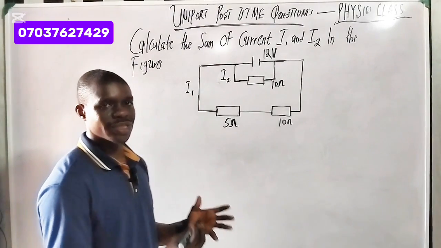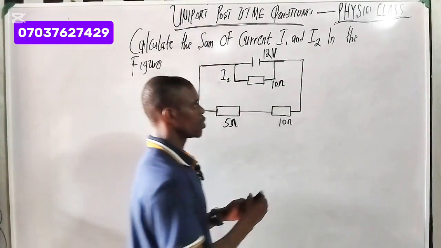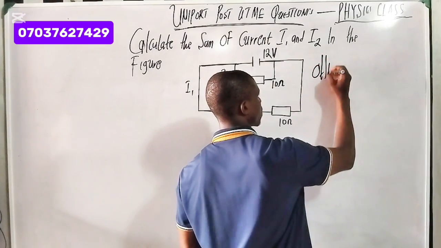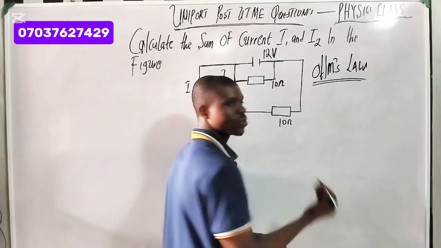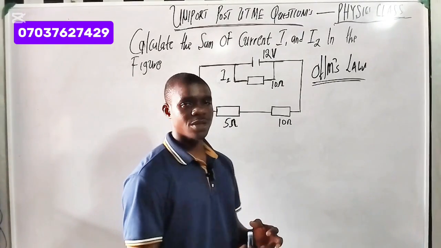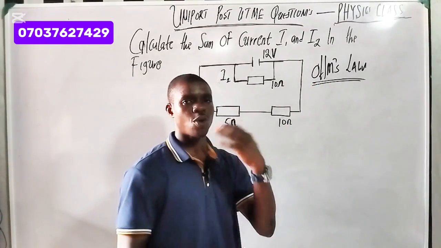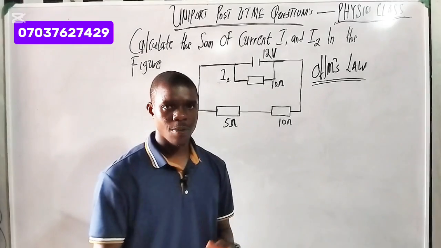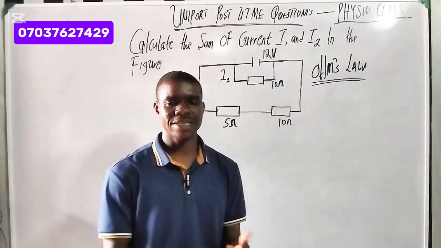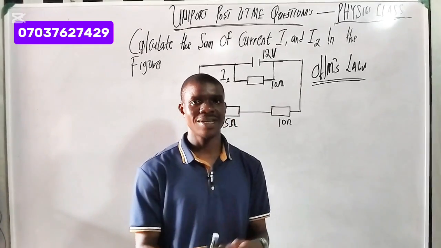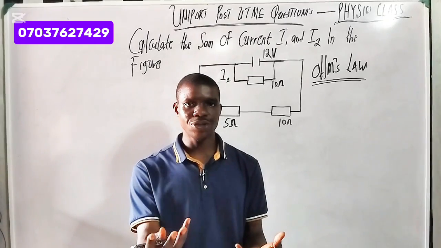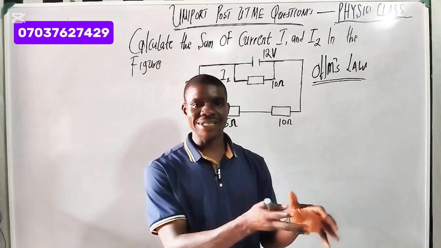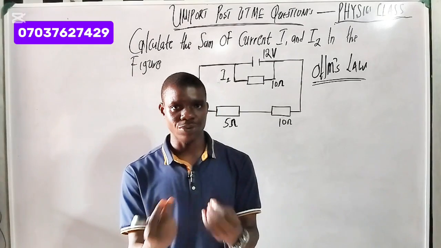Now the law we are going to use here to calculate is called Ohm's law. I believe every student should know what Ohm's law is. Now, what is Ohm's law? Ohm's law states that the current passed through a metallic conductor is directly proportional to the potential difference, provided temperature and every other physical condition of the metallic conductor are kept constant.